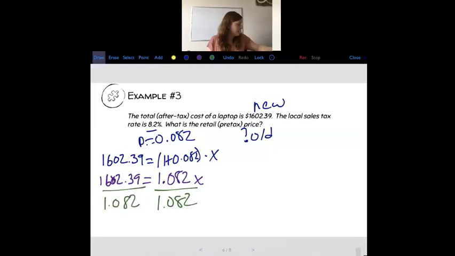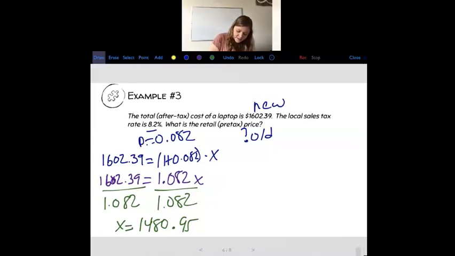And we come up with, on the calculator, 1602.39 divided by 1.082. This would give us, I'll round to the nearest cent since we're talking about money, $1,480.95. Okay, so this problem is a little bit different than what we worked before in that in this case we were given the new instead of the old, so we had to use division instead of multiplication.